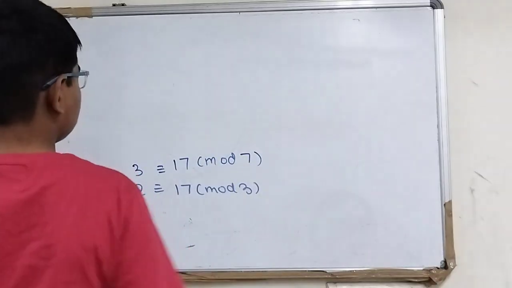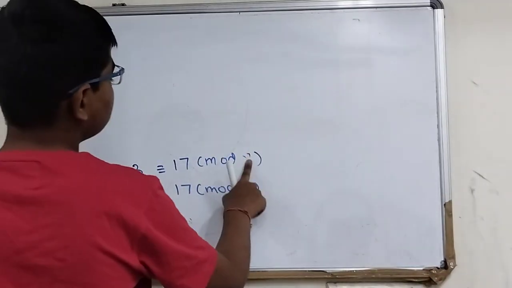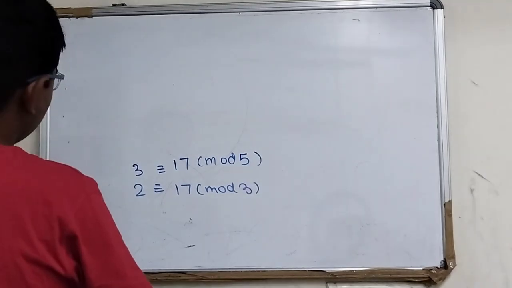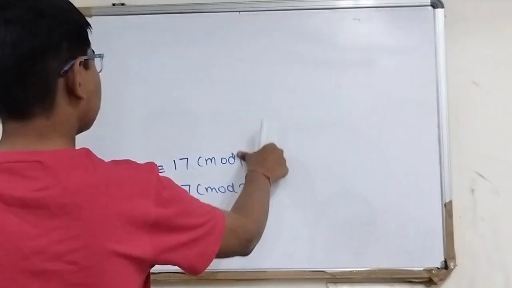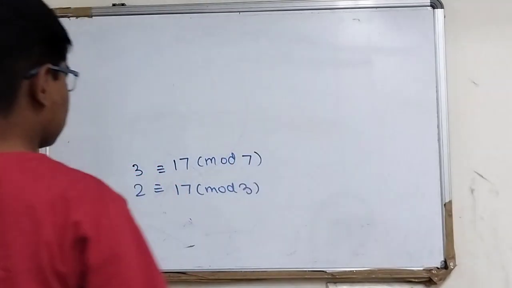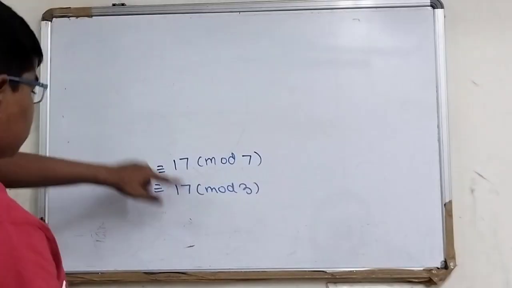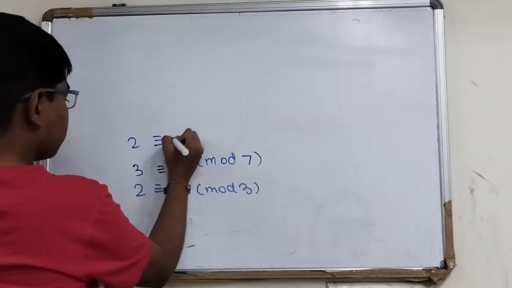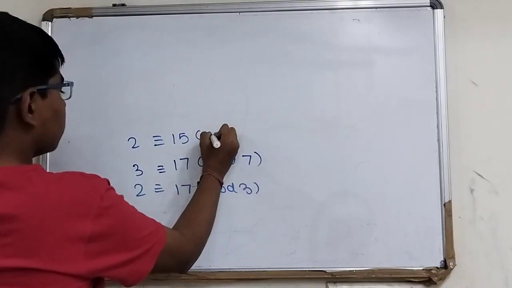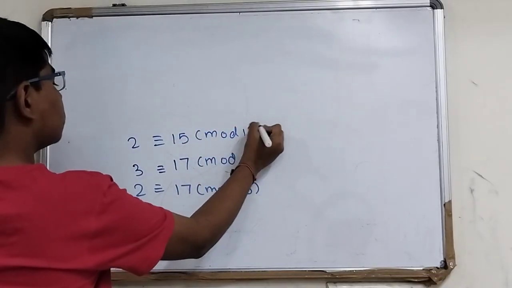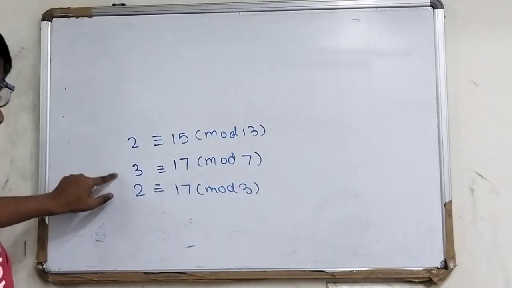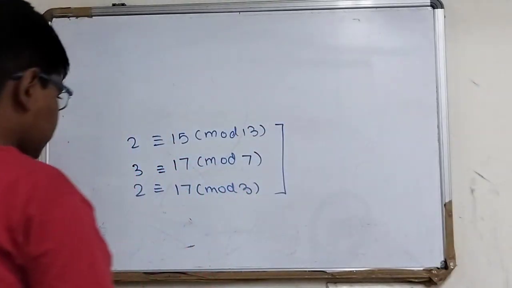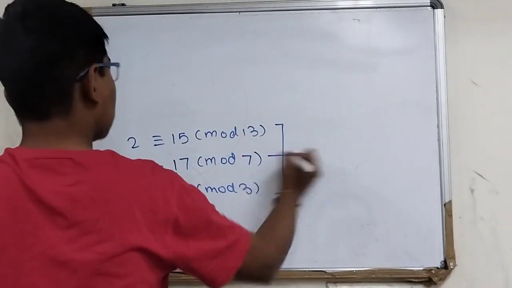Mod 7, yes, mod 7 is correct. And then any other, we can write 2 congruent to 15 mod 13, like that. Now we have 3 congruences. Now how do we solve these congruences?